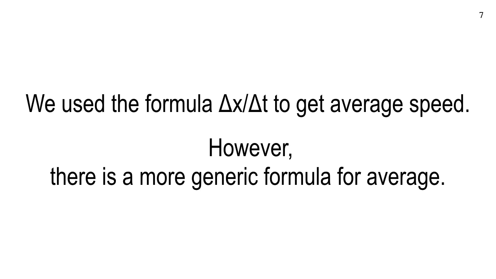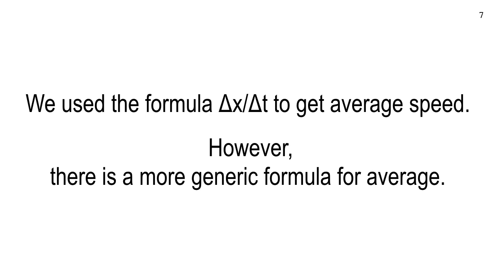Now, when we did the document cam work on Tuesday, we used the formula delta x over delta t to figure out the average speed. That's perfectly righteous. That's a normal way to get an average speed.